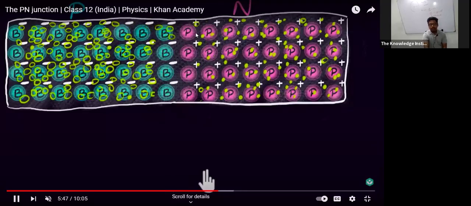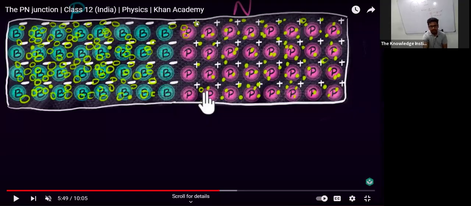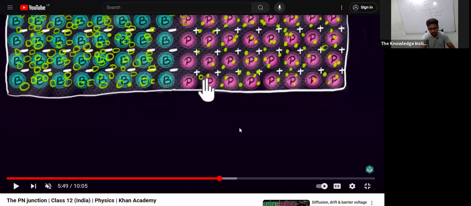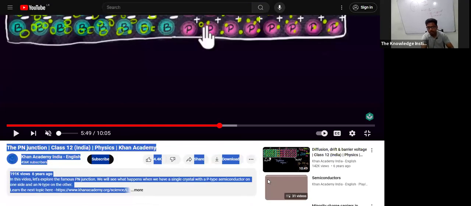Okay, so here they are explaining the reverse current. We can see the holes diffusing to this side. Now, due to this electric field, this side is plus, this side is minus. Due to this electric field, they will experience a force in this direction, no?